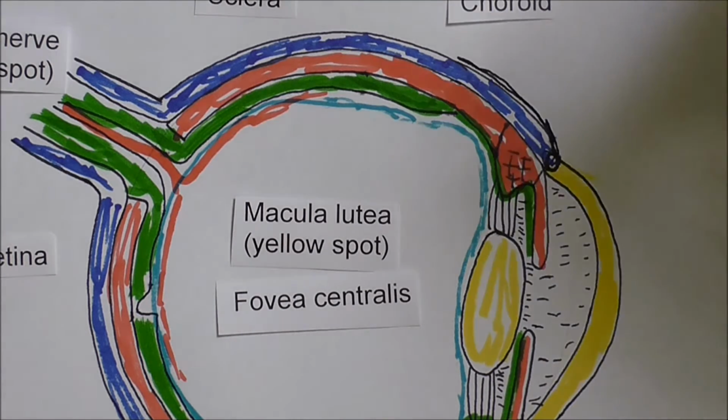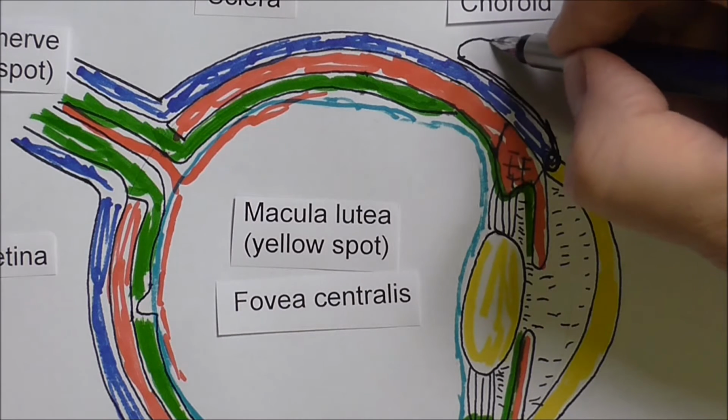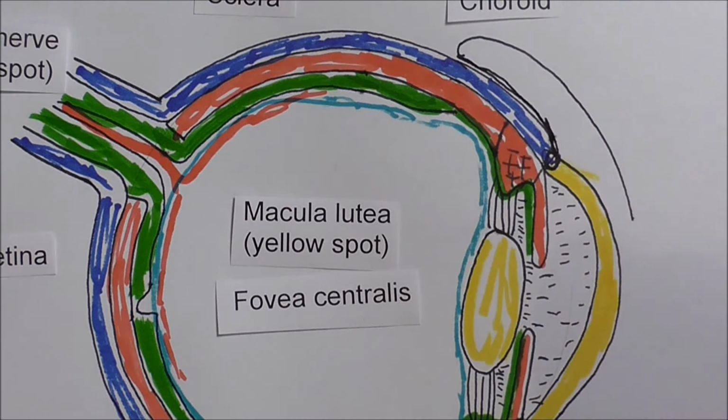And this bit is the white of the eye, and it's the same on this side. So it goes over the white of the eye. And then it folds back. It folds back on itself like this. And where it folds back is inside the eyelids.